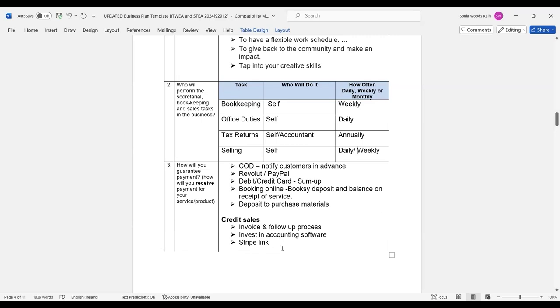Another thing to think about if you are offering credit sales is to set up a Stripe link and embed that in your invoice. So when you email an invoice to your customer, also include a link. On receipt of the invoice, they can tap the link and pay you immediately if they wish.